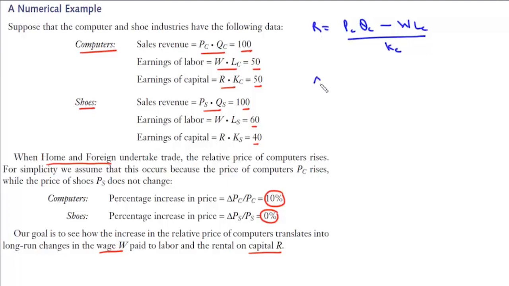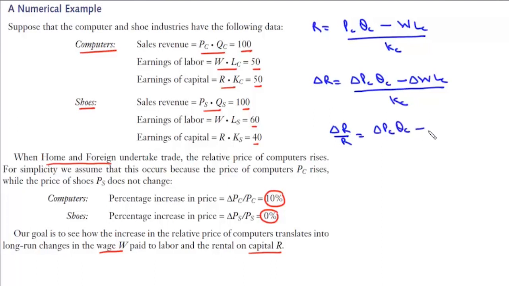So we can write delta R will be equal to delta PC into QC minus delta W into LC upon K. Now we are interested in percentage change, so we'll divide by R. So we can write delta R upon R as delta PC into QC minus delta W into LC upon R into KC.